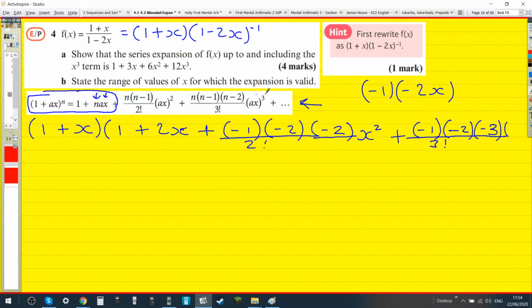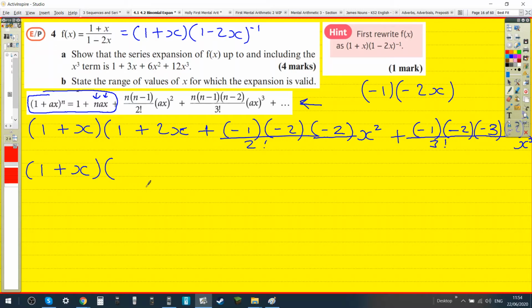Minus 2 cubed, sorry. Minus 2 cubed, yeah. And that's the x cubed term. Okay, work them out.